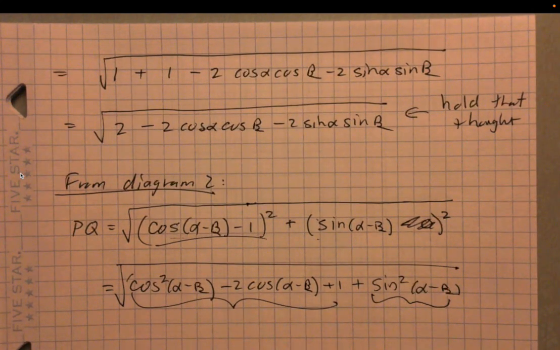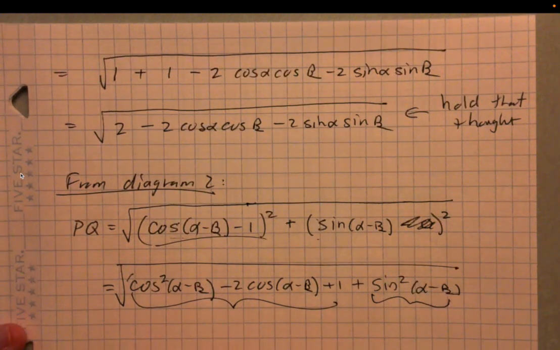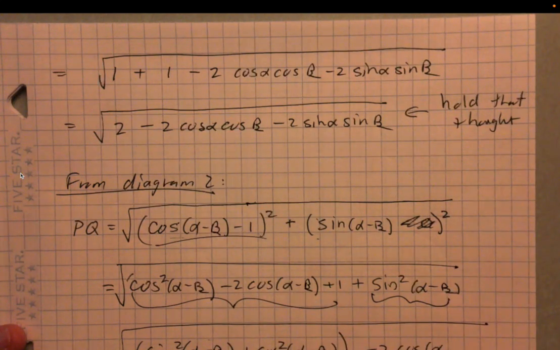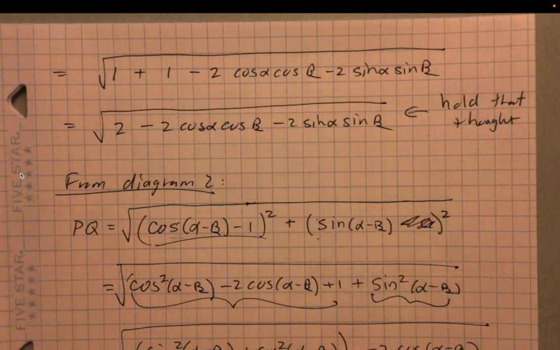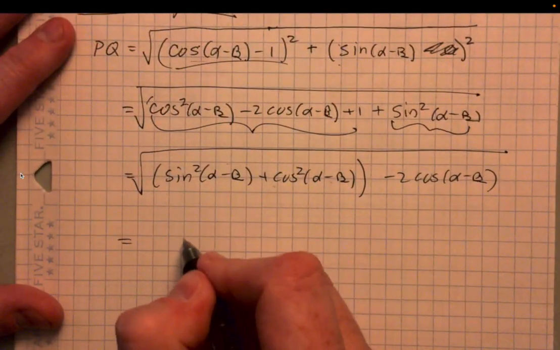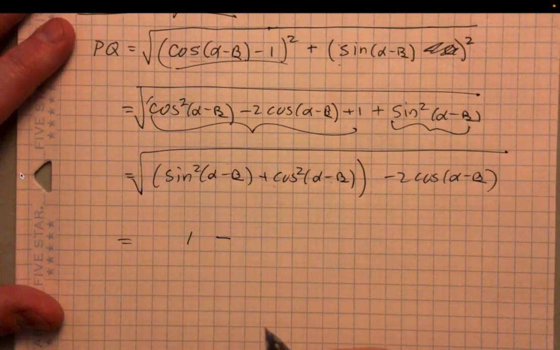Okay, so that's the other piece. I've got these two pieces, and I'm going to do something real similar to what I did previously. I'm going to rearrange, bring the cosine and the sines together here, and I've got sine squared alpha minus beta plus cos squared alpha minus beta, right? And those two I'm going to group together. And then over here I've also got this minus 2 cos alpha minus beta bit. Okay, and so just like before, this is equal to 1, right?